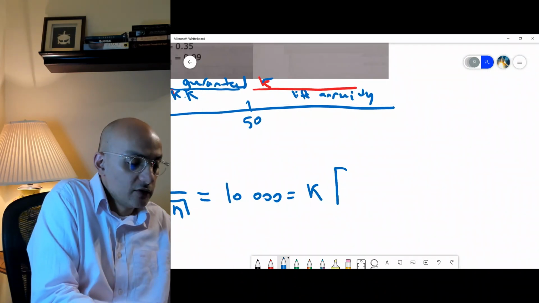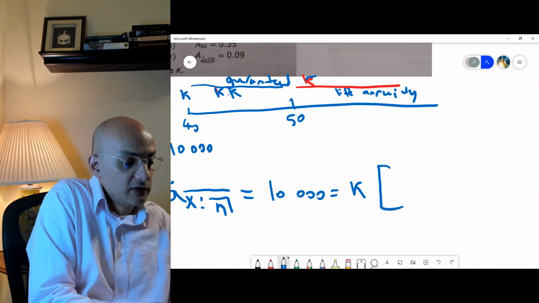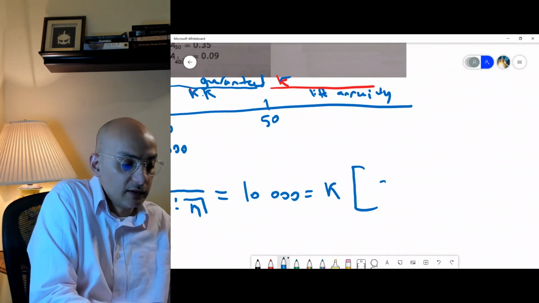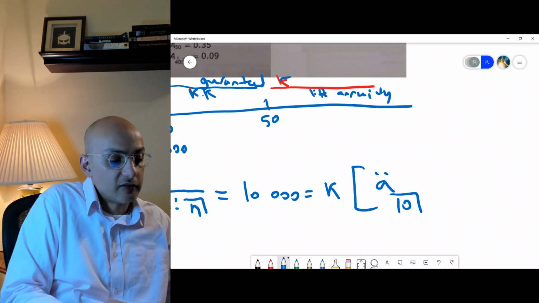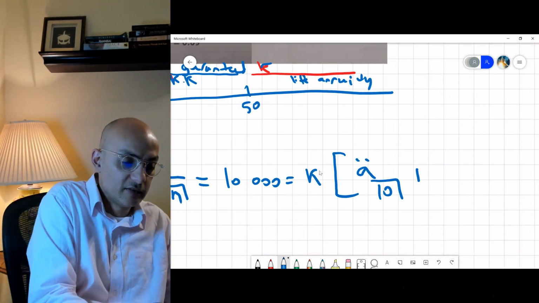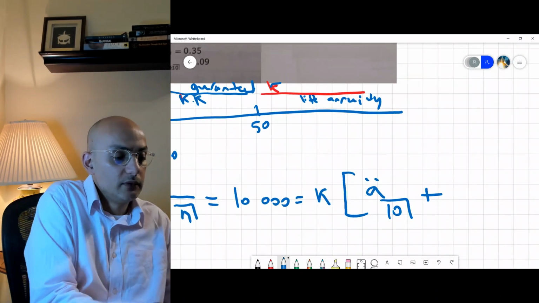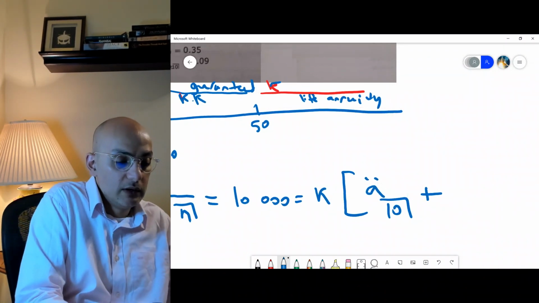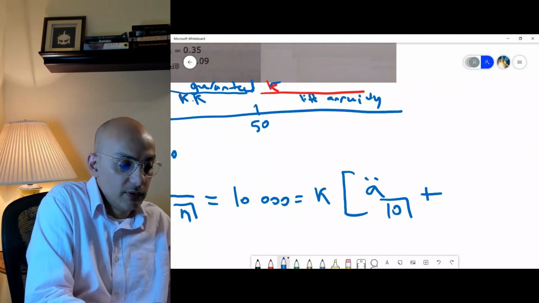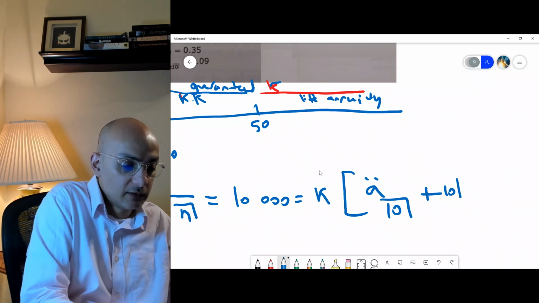And then let's look at what is given here. It's guaranteed for the first 10 years. So guaranteed, it's certain at the beginning of the year for 10 years. We'll get this amount of money for certain. Plus, from age 50, you will be expected to get, evaluated at time 40, deferred. You know what? Let's write it this way, it's easier.